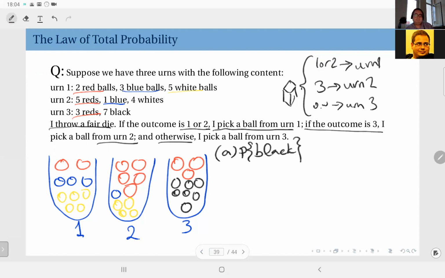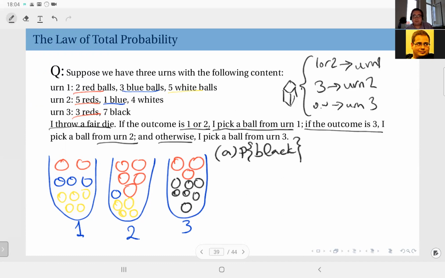So this is sort of easier because black is only in urn number 3, and to select a black, I have to use urn number 3, and that happens only when I throw a 4 or a 5 or a 6.